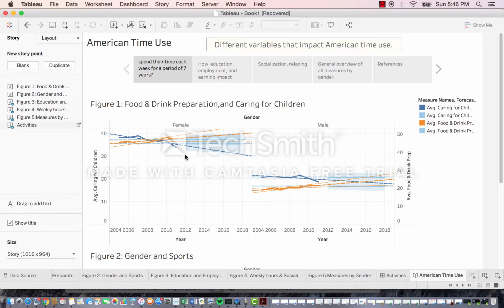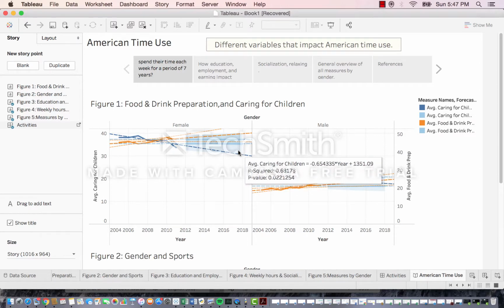I also did a forecast, a future prediction for the next 7 years, because this analysis was done from 2004 to 2010. So I predicted the next 7 years after that, and you can see from my shaded area that there's a 95% confidence that my predicted data will lie within this shaded area.